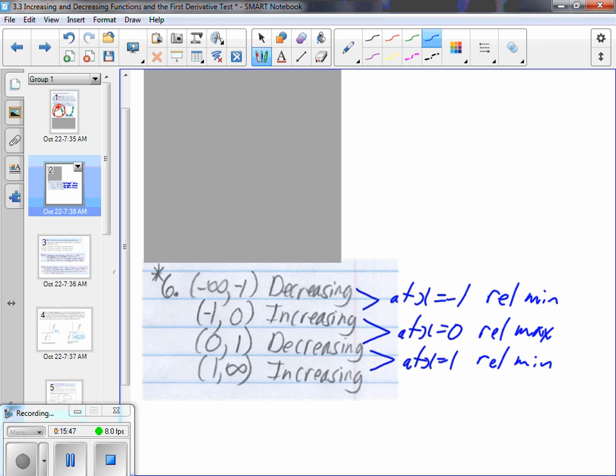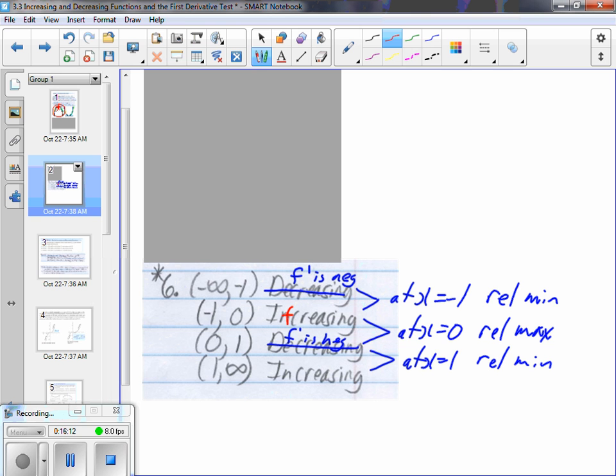Now, what's the derivative when the function is decreasing, positive or negative? So instead of decreasing, what if I said f prime is negative? And I can mark it out there and say f prime is negative, right? And when the function's increasing, what do we know the sign of the derivative is?